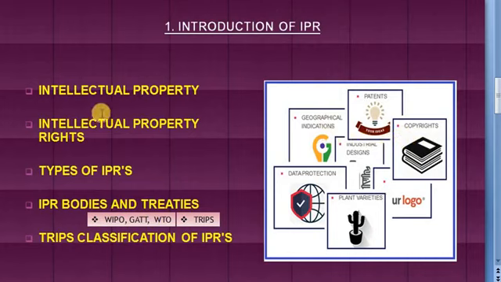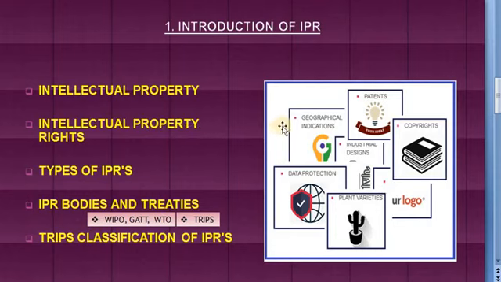So now the second question is, what are IPRs or intellectual property rights? The IPRs are the rights which are given to persons for creations of their minds. What that means?